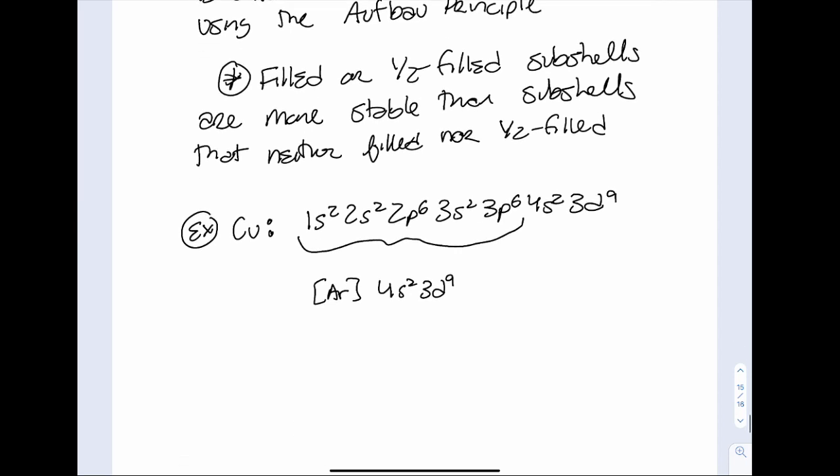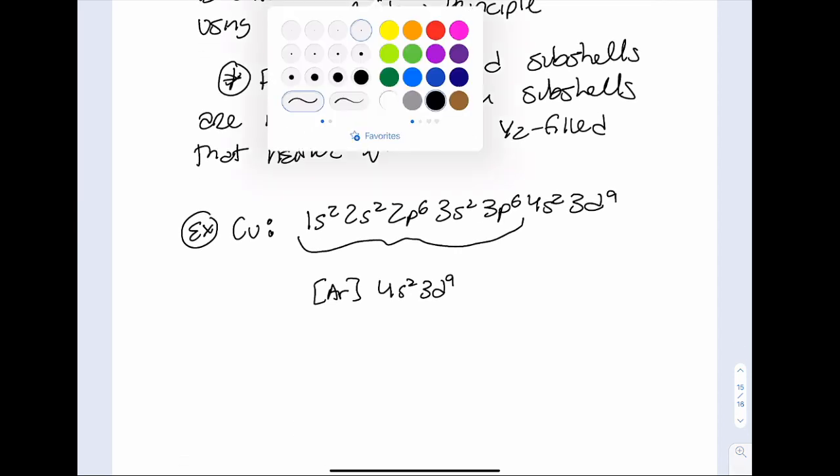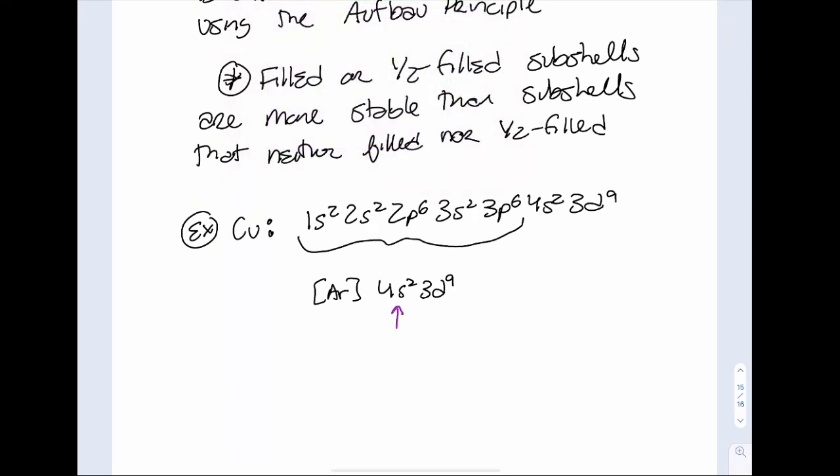So it's an anomalous configuration. If I look at this right now, my s subshell is filled, right? s can hold 2. My d subshell is neither filled nor half filled.